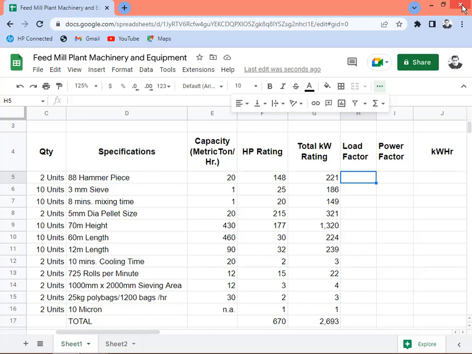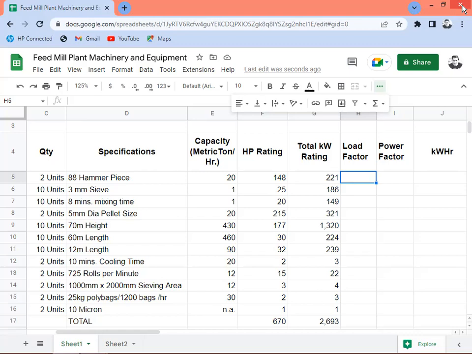Thus, the load factor in terms of percentage is derived by dividing the actual kilowatt hours by the kilowatt rating and the potential demand in terms of period of utilization.